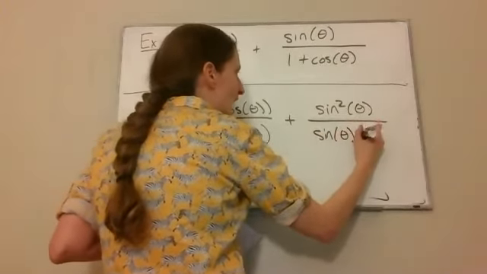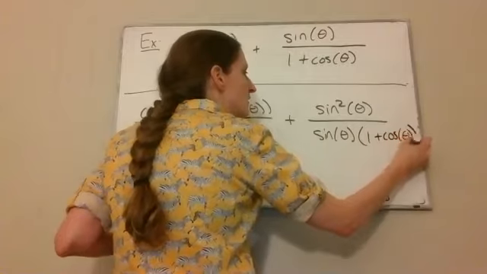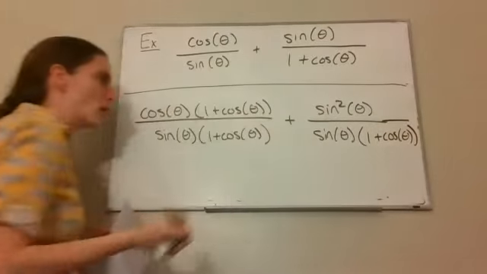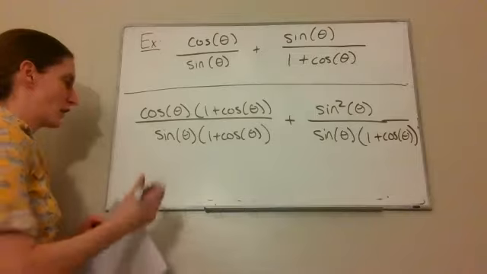So that gives me a sine squared theta on the top. And now both my fractions have the same denominator, so I can add across the top.